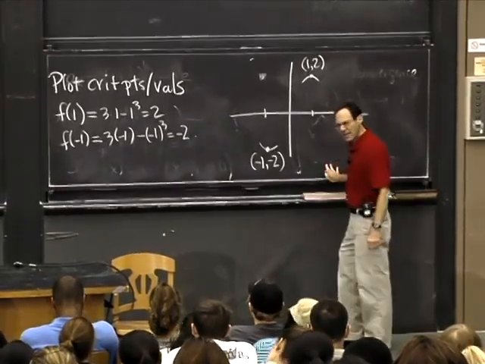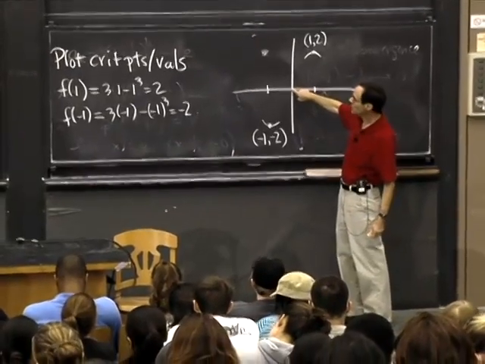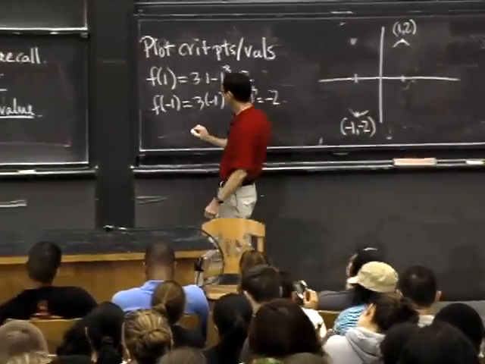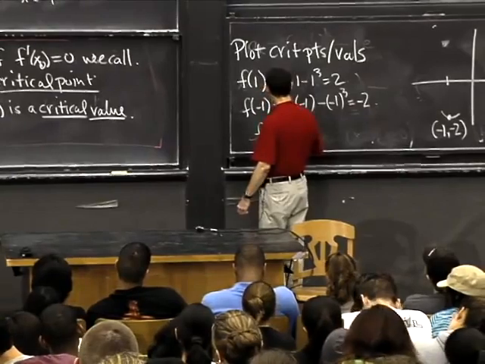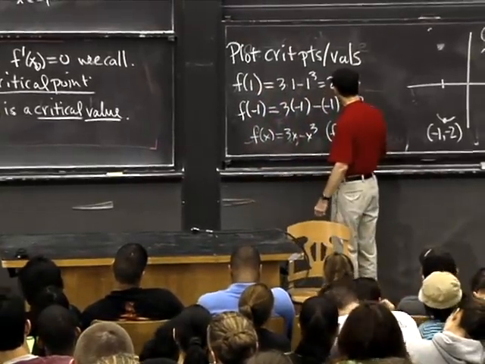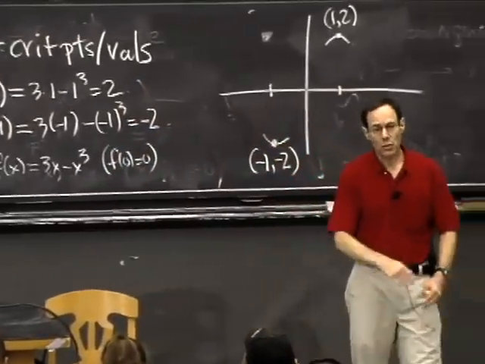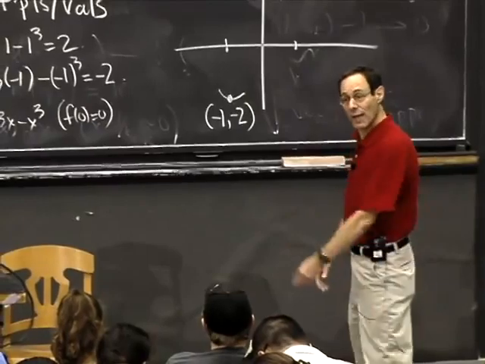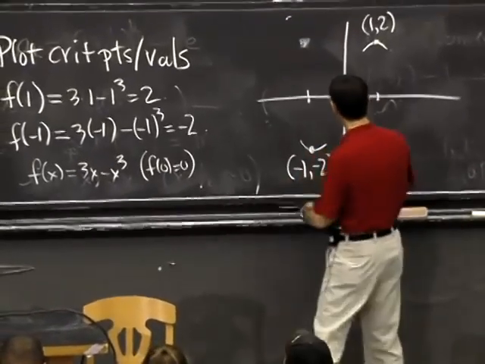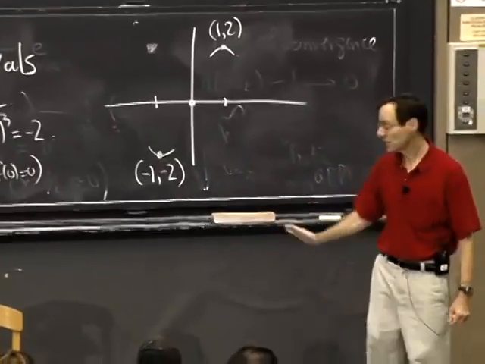In order to fill in a guess, though, and have it be even vaguely right, I do have to notice that this function crosses the origin, right? The function f of x is 3x minus x cubed, and it happens to also have the property that f of 0 is equal to 0. Again, common sense, you're allowed to use your common sense. You're allowed to notice a value of the function and put it in. Okay? So there's nothing wrong with that if you happen to have such a value.